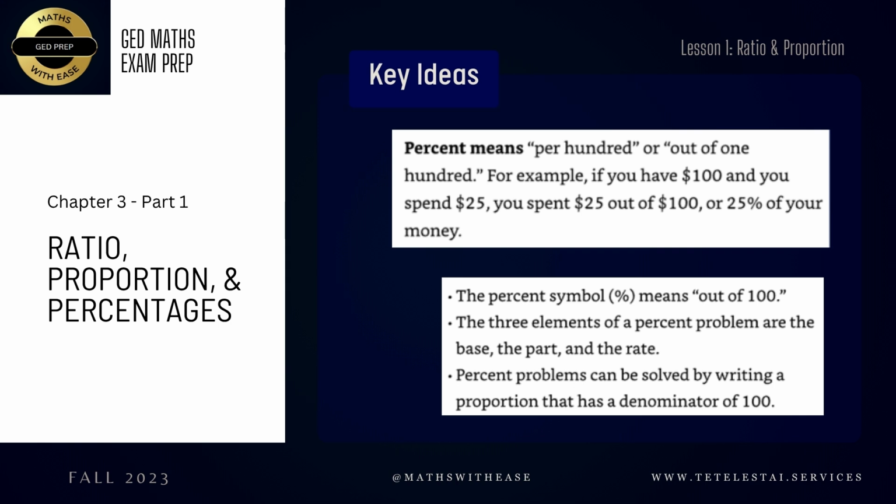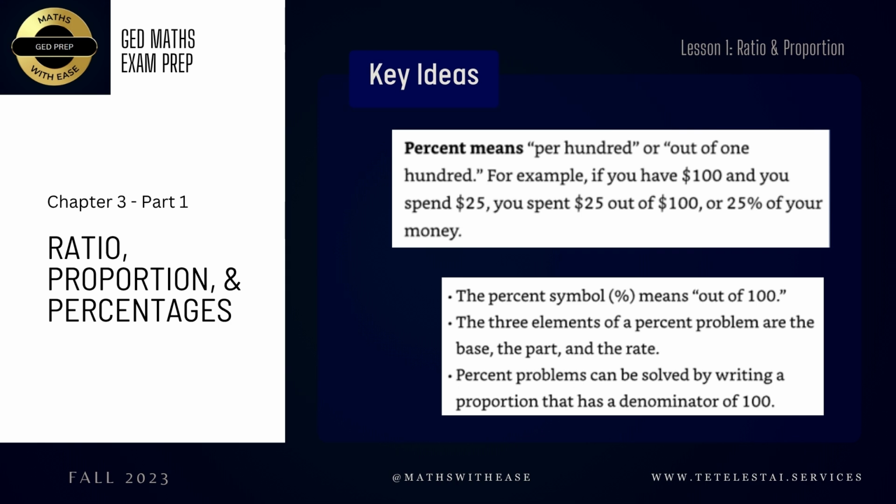The 3 elements of a percentage problem are going to be the base, the part, and the rate. So again, on your little list of rules that you're making for yourself, you want to write this down, that a percentage always involves 3 elements: the base, the part, and the rate, and we'll discuss that in more detail, okay?